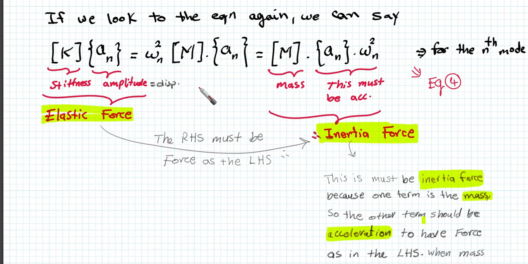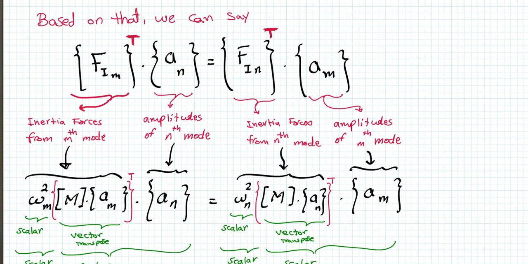Let's erase this and go to our main. Yes, now we are here. So this means that the inertia force of the mode m is going to be put in this form: omega m squared times the mass matrix times the mth mode shape. And then between these curly parentheses we are having transpose.